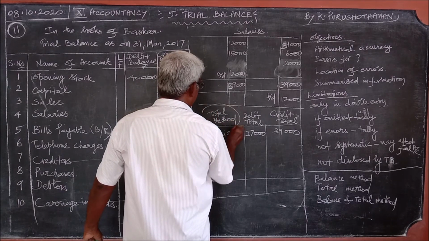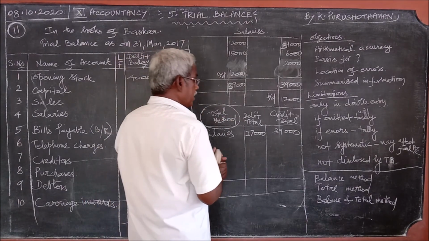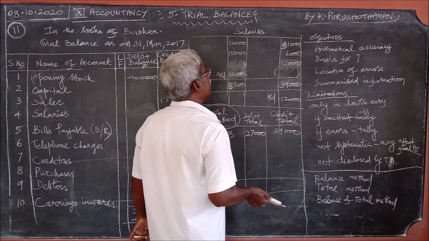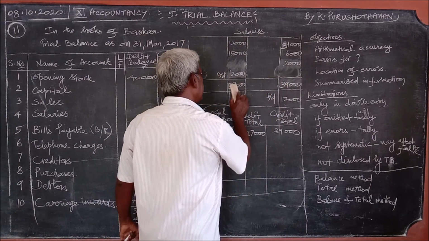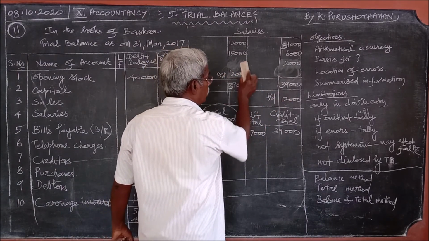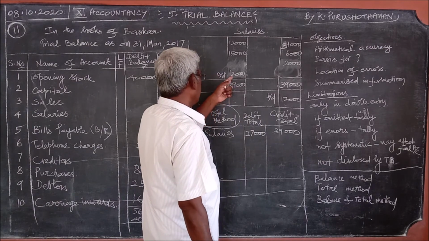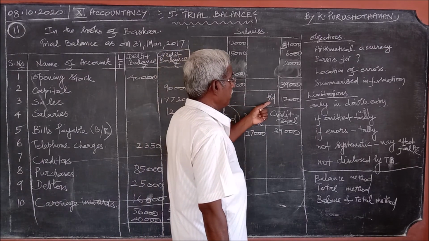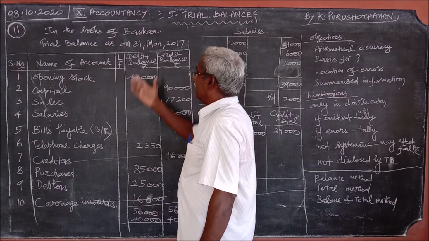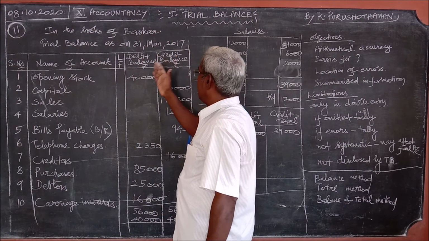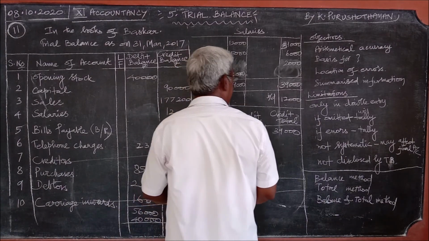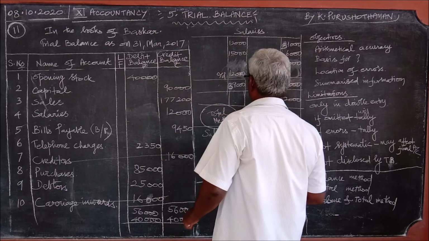What is the difference between the balance method and the total method? In the balance method, we write the greater total on both the sides and we are writing the missing amount 12,000 carried down, opposite side brought down. All the brought downs are written here in the name of debit balance and credit balance, and we find the total equal. This is first method called balance method.